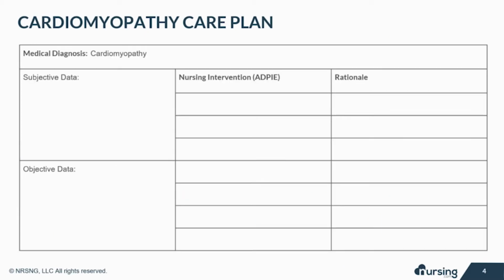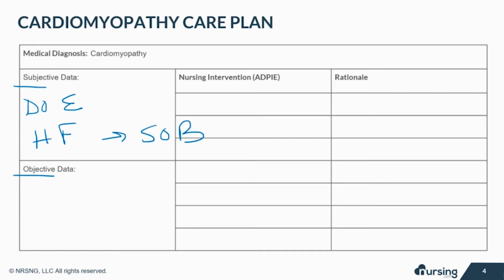So let's take a look at the subjective and objective data that your patient with cardiomyopathy may present with. Remember, subjective data are going to be things that are based on your patient's opinions or feelings. So these things may include dyspnea on exertion, as well as symptoms of heart failure, including fatigue, chest pain, shortness of breath.